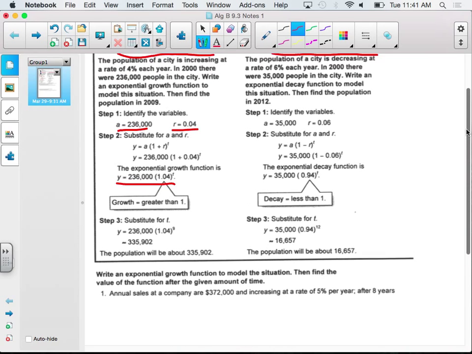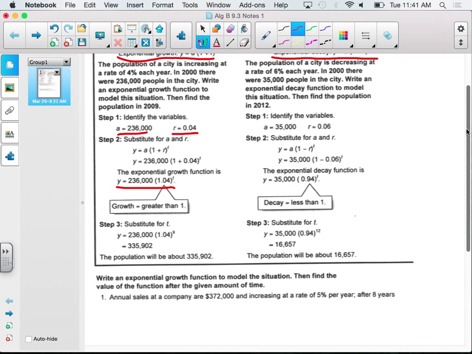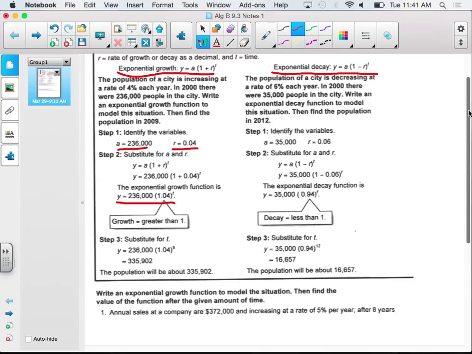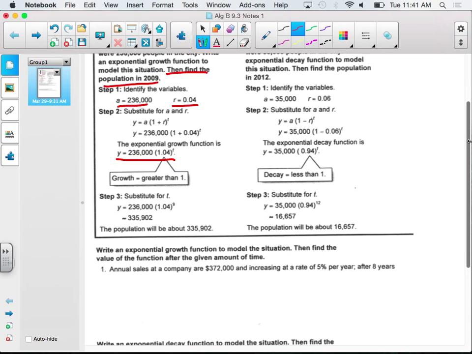What will we substitute in for t then? If our time is t. Because we're being asked to find the population in 2009, right? So how many years have passed since 2000 to 2009, right? So right there, it's really hard to see.